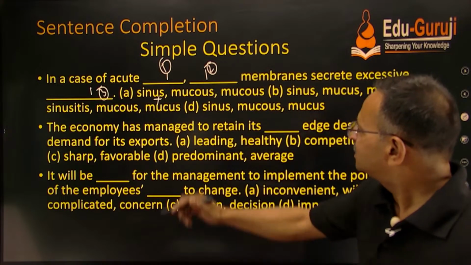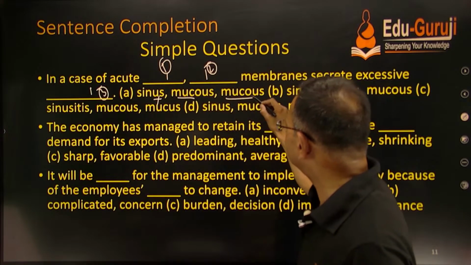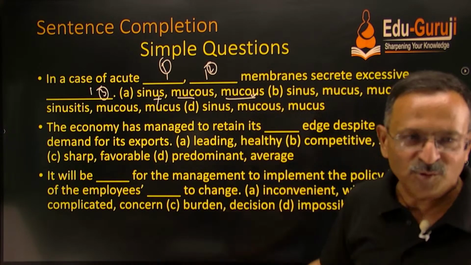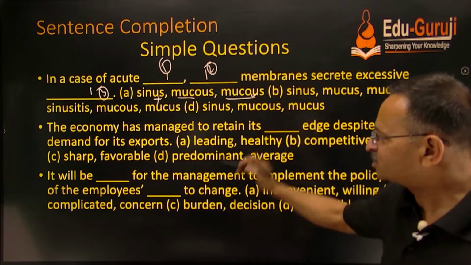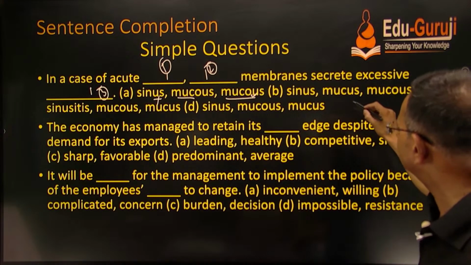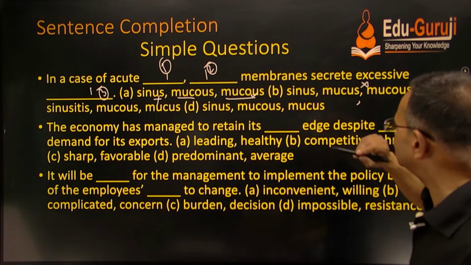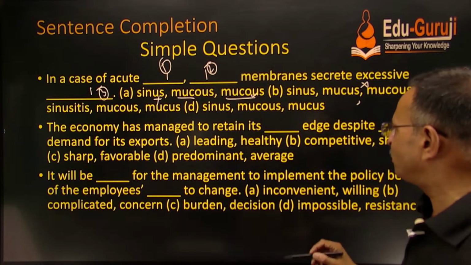option, because you can see mucus, then this is not the correct spelling of mucus. So this cannot be the option. Then you can see sinus, mucus, mucose. So this also cannot be the option.